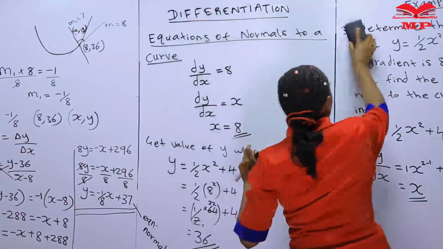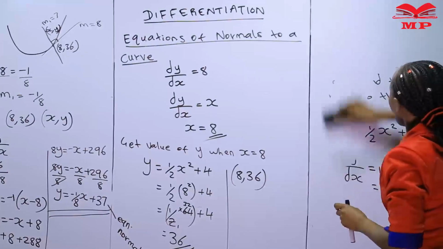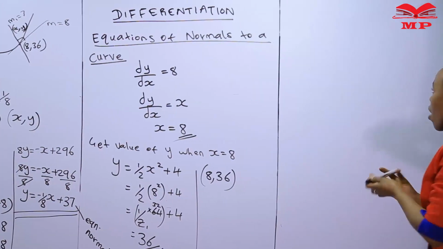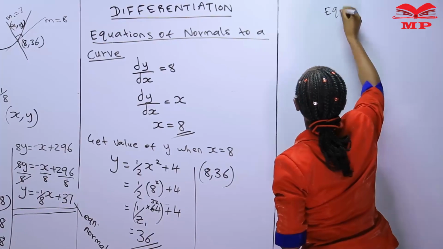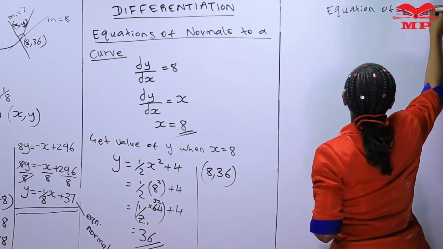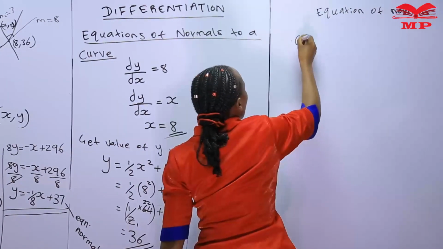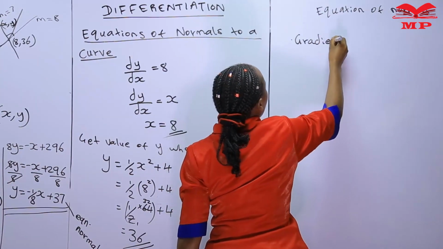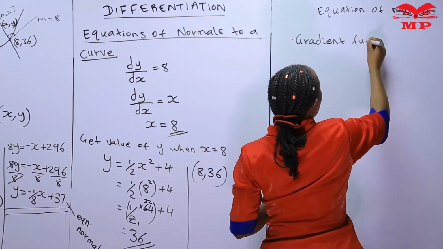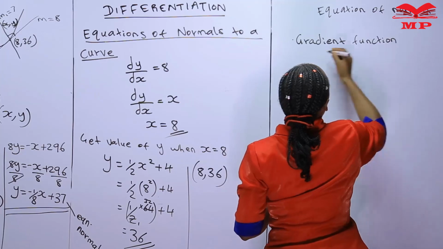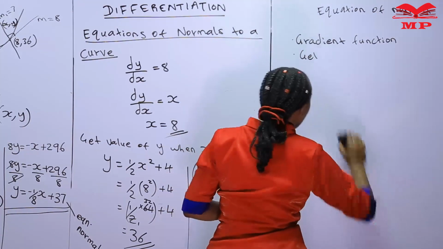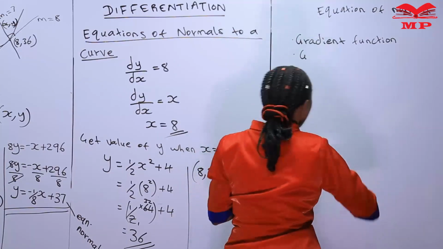Just to do a summary of what we have said in this lesson, when you want to find the equation of a normal, the first thing is to get the gradient function, depending on the equation that you are given. From the gradient function, you can now get the gradient at the point given.